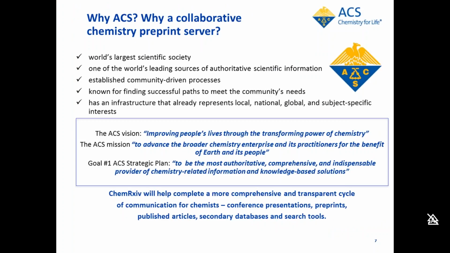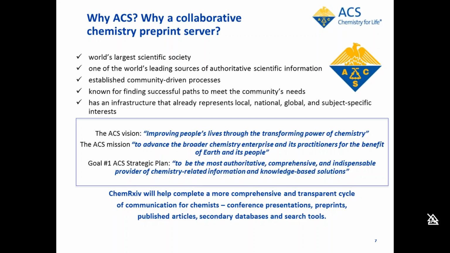So looking then at ACS and our role, why ACS? Why a collaborative chemistry preprint server? ACS is the world's largest scientific society. We have more than 157,000 members around the globe, and we are a nonprofit society. Our publications division and Chemical Abstracts Service combine to provide one of the world's leading sources of authoritative scientific information.